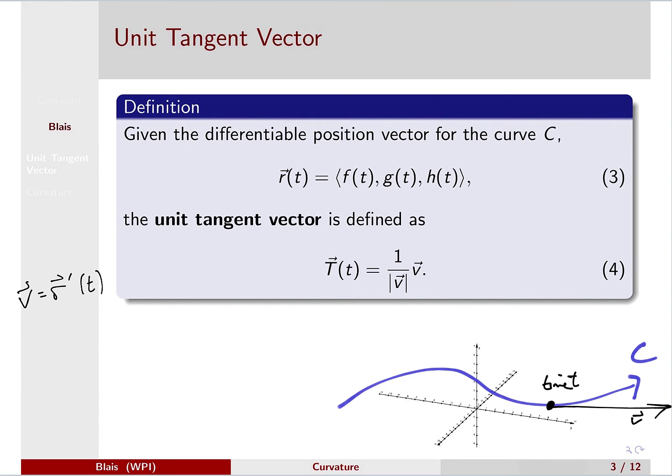The unit tangent vector has the same direction as that velocity vector, but it is of unit length, so it has length 1. And again, you can see that it's natural from the definition. We're just defining it as the velocity vector normalized by its length.